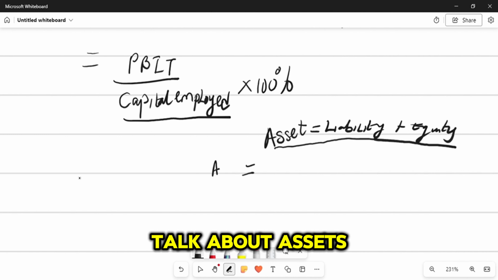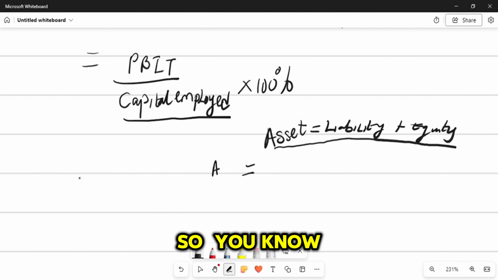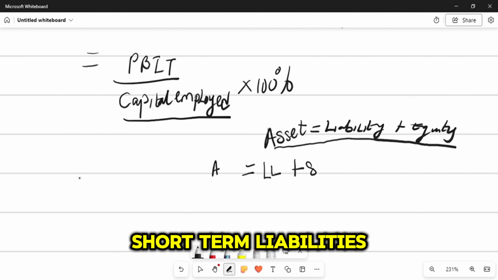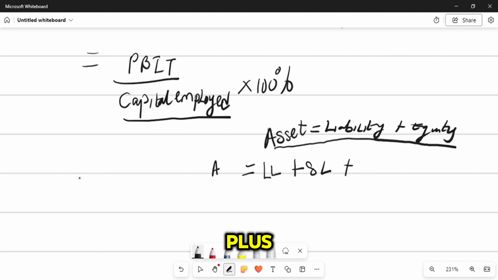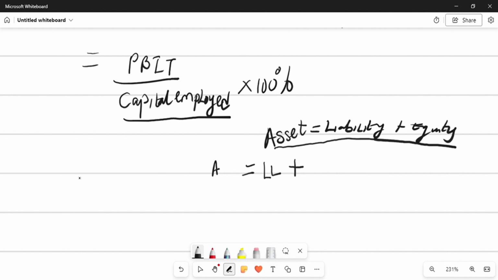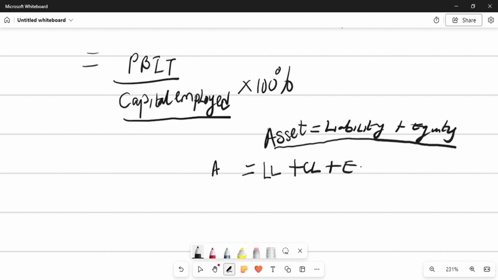So write out the accounting equation, which is assets is equal to liabilities plus equity. We know that liabilities has to do with non-current liabilities and current liabilities, which is like long-term liabilities and short-term liabilities. So I'm going to write long-term liabilities plus current liabilities and then plus equity.